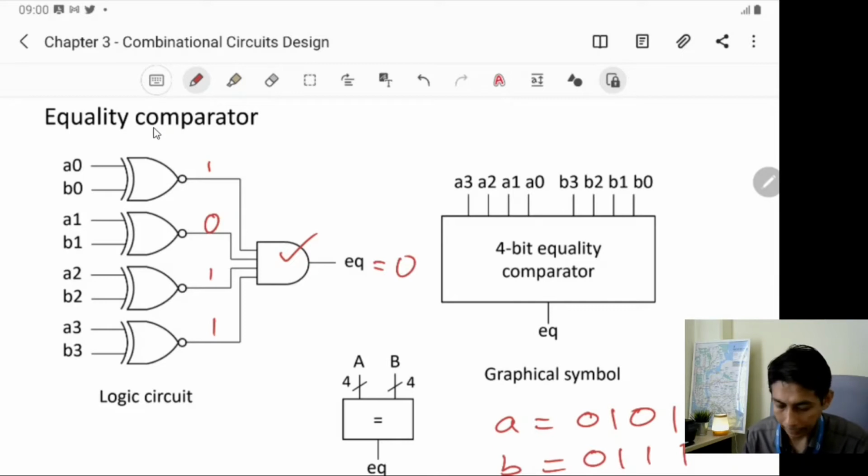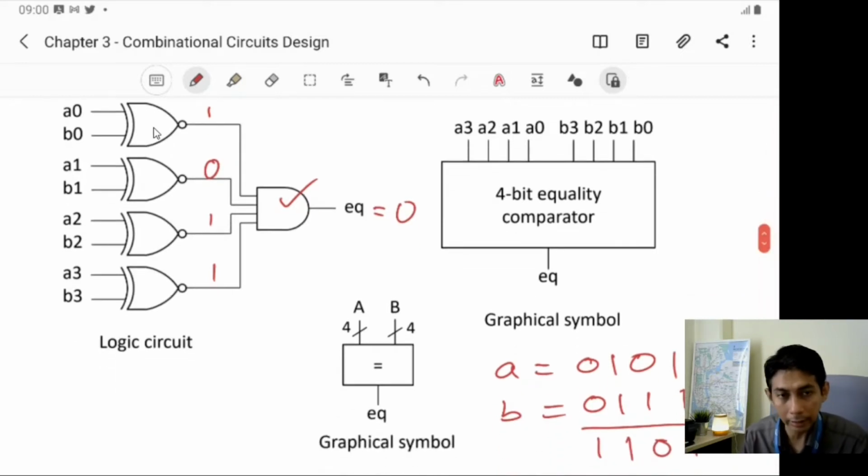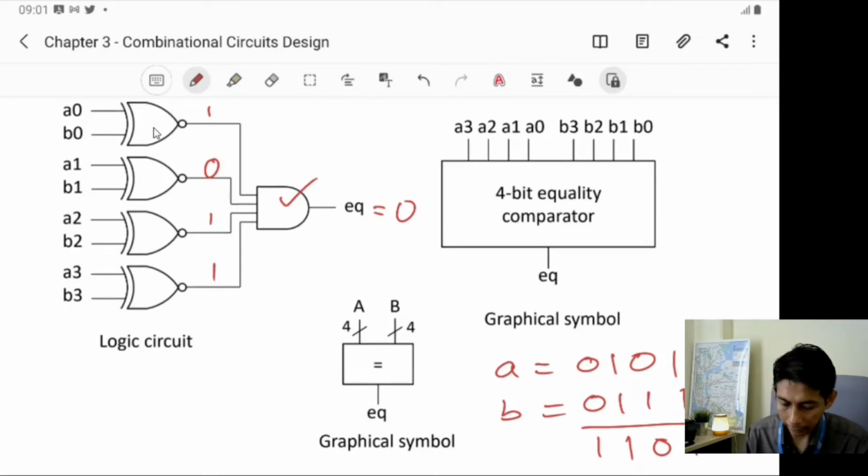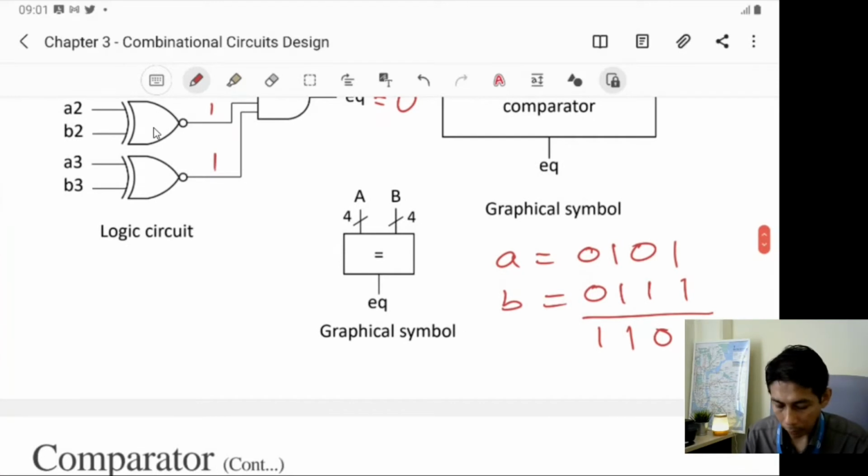As simple as that. So you can design a circuit to check whether the inputs, for example 4-bit or any other number of bits, are equal or not equal.